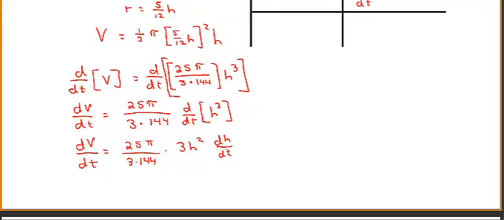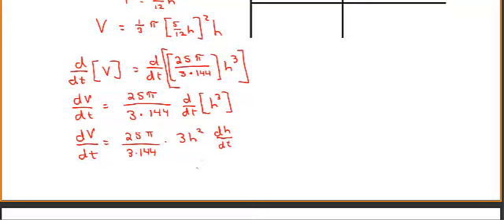Now we're asked about dh/dt, and by the way, I know dV/dt is 20, or I should say negative 20, because the water is coming out, feet cubed per minute. And what I'm going to do is solve for dh/dt. So I'll invert and multiply, and I'll have times 3 times 144 over 25 times pi.